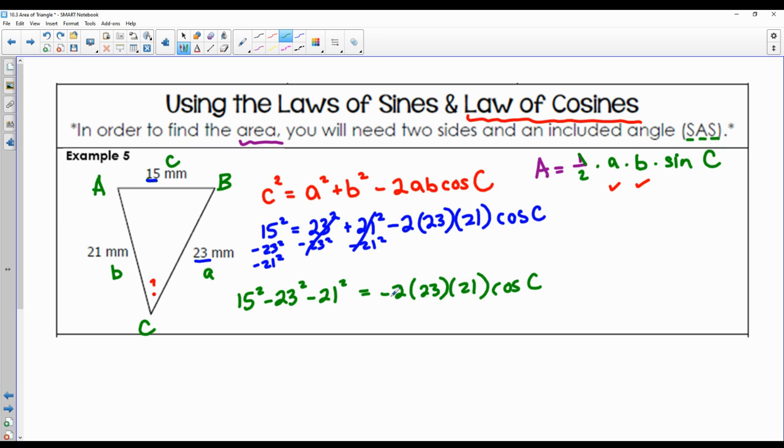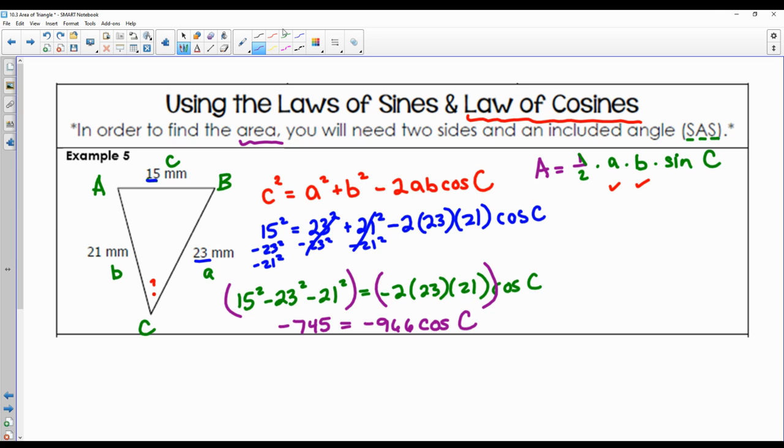I'm going to plug those into my calculator, which even does it leaving it in squared. 15 squared minus 23 squared minus 21 squared, and I get negative 745. That's equal to negative 2 times 23 times 21, which is negative 966, and that's still times the cosine of C.